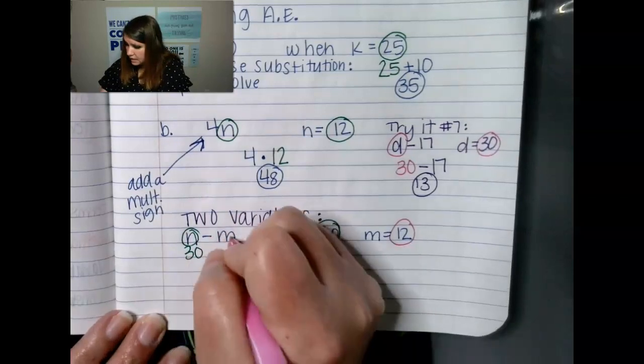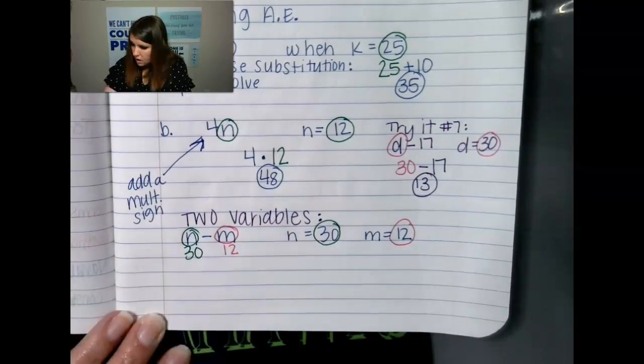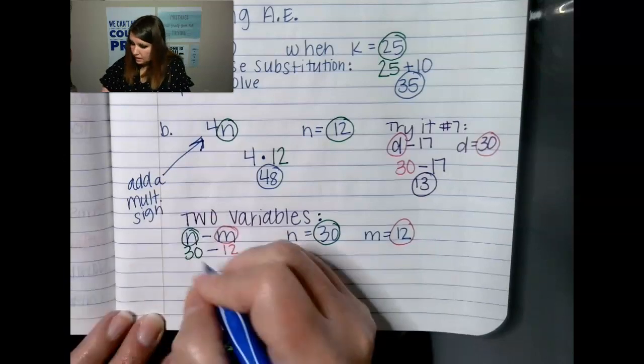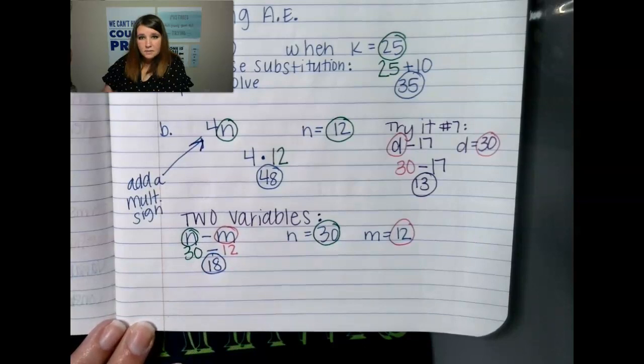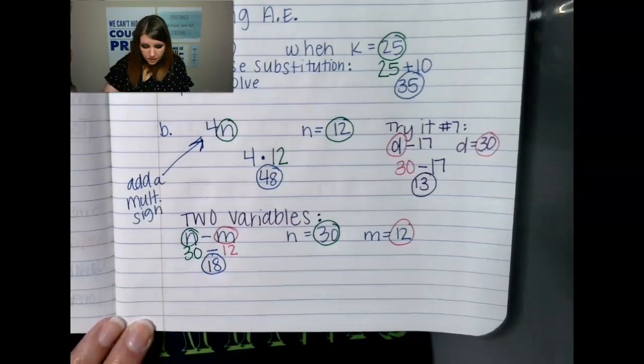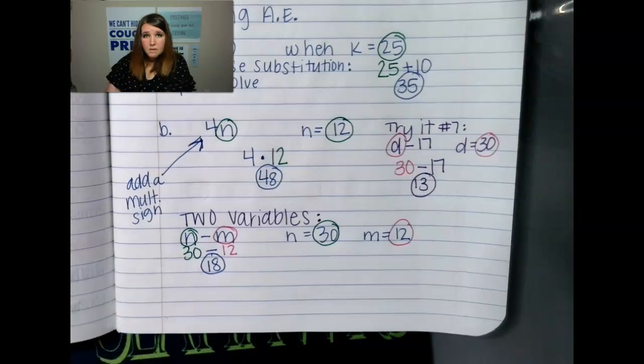And this 12 is going to go here. And you are going to subtract them. So 30 minus 12 gives you 18. So your answer is 18. That's it. That's all you do. You just plug in where they go. All right.